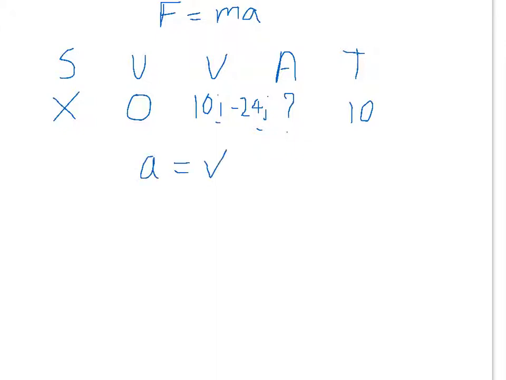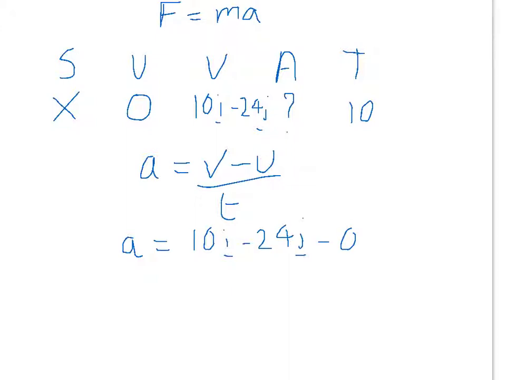a equals v minus u over t. So let's put in the information we know. So a equals 10i minus 24j minus 0, because the initial velocity is 0, and the time is 10 seconds.